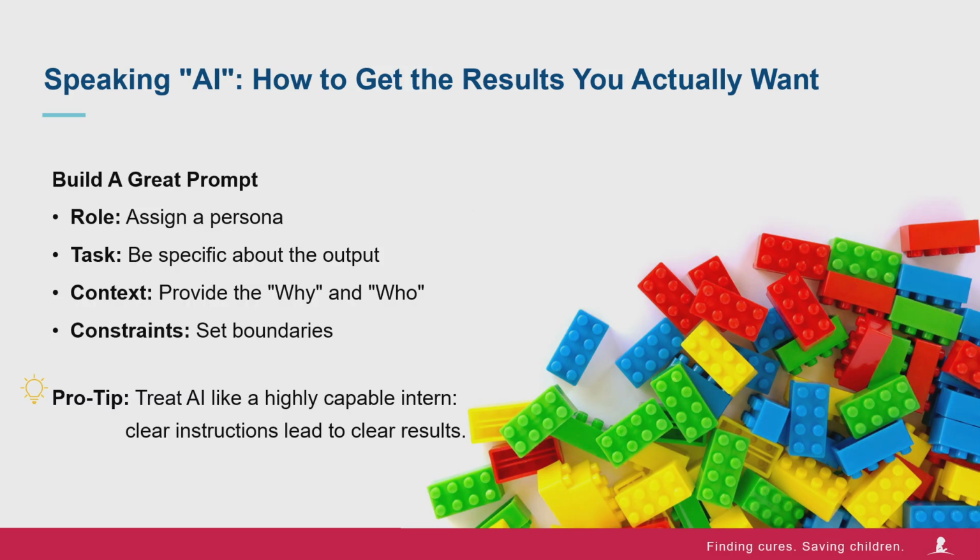And so you want to treat AI when you're creating a prompt for it like somebody who's really novice but picks up on things really well. So give it all the detail that you can and make sure you set constraints.